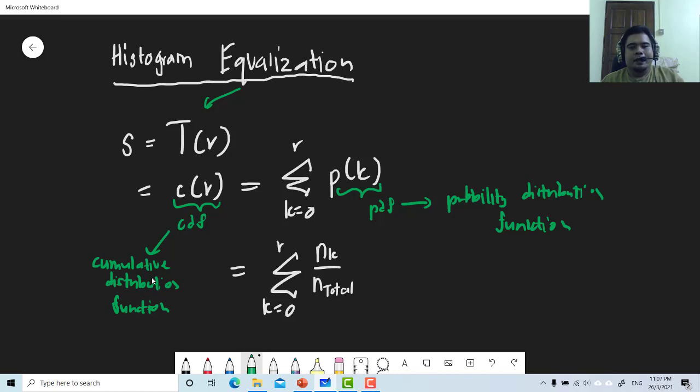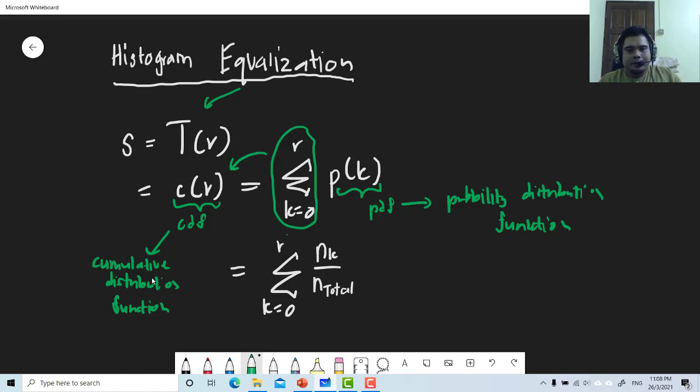So how do you generate a probability distribution function? This is how you generate it. Forget about the cumulative part, because the cumulative operation is for the purpose of generating the cumulative distribution function.